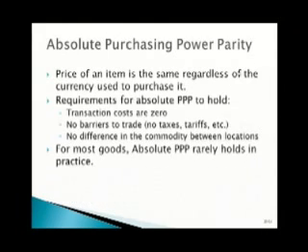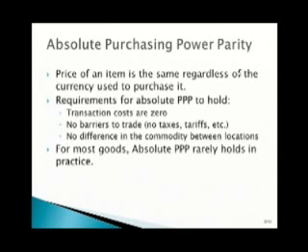Now let's talk about absolute purchasing power parity. If we have absolute purchasing power parity, the price of an item is the same regardless of the currency used to purchase it.